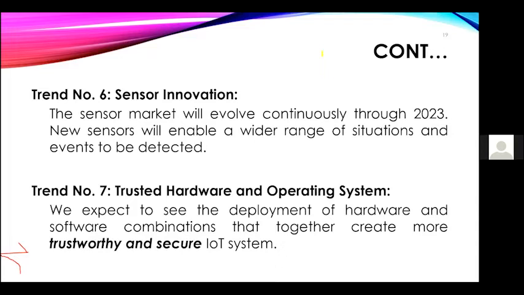And seventh one is trusted hardware and operating system. We expect to see the deployment of hardware and software combinations that together create more trustworthy and secure IoT systems.